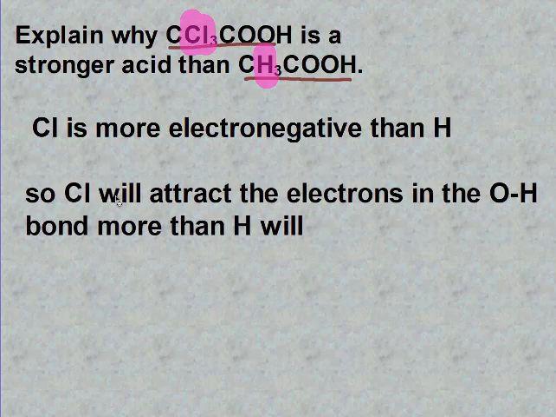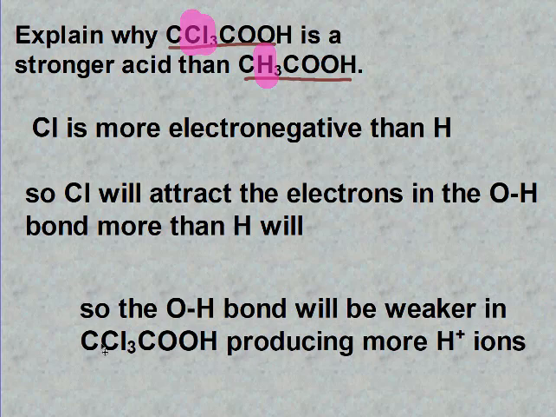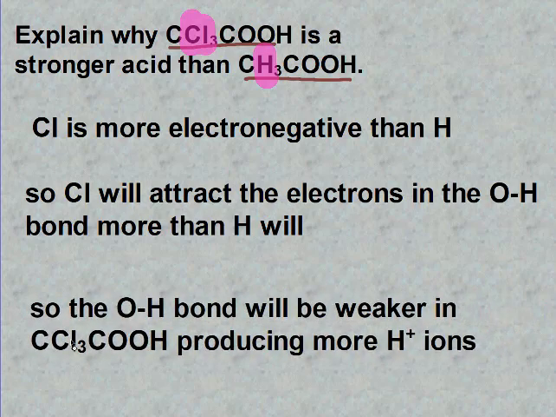The more electronegative it is, it'll be able to attract electrons better. So chlorine is more electronegative than hydrogen. So chlorine will attract the electrons in the O-H bond more than hydrogen will. So the O-H bond will be weaker in CCl3COOH, producing more hydrogen ions.